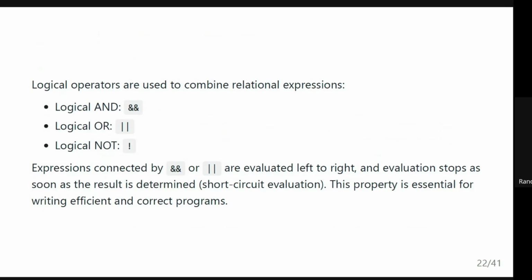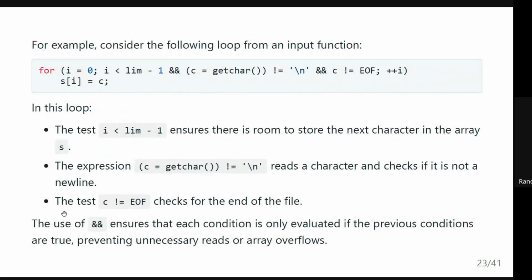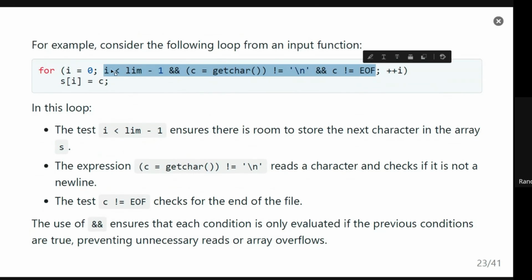So let's take a look at the example here. I have a for loop here. The most important part is in the middle. I am comparing three things. The first is that i should be smaller than lim minus 1.